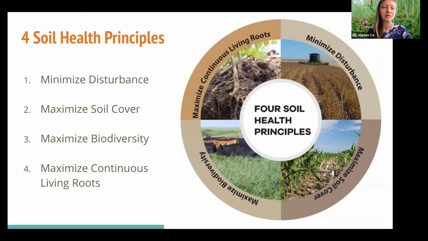These core 4 soil health principles include minimizing disturbance, maximizing soil cover, maximizing biodiversity, and maximizing continuous living roots. And when we have all of these 4 principles centered, we are typically able to get towards that more functional soil health system.